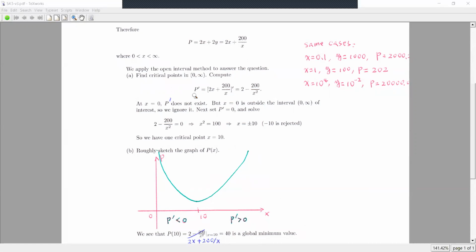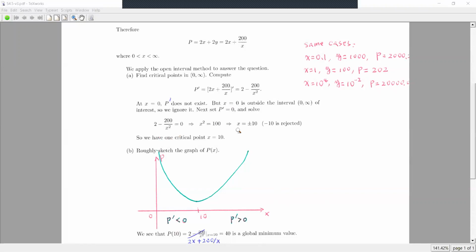The derivative doesn't exist when x is 0. But 0 is outside the interval of interest. So we ignore 0. Now, to find critical points where the derivative is 0, set the derivative to 0 and solve this equation.